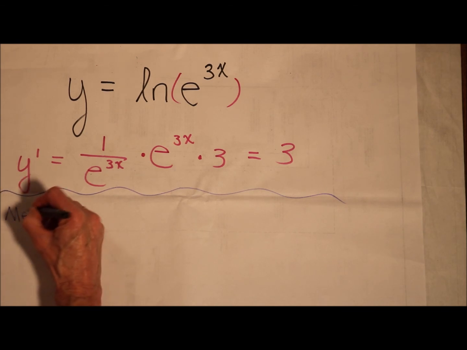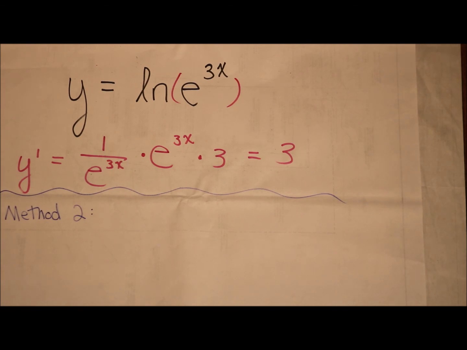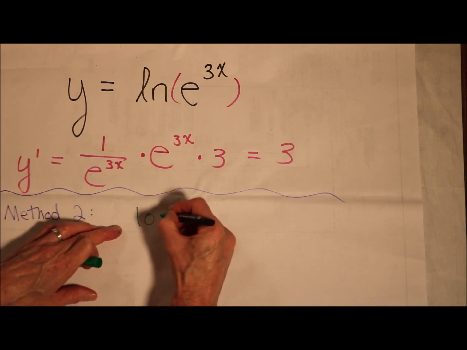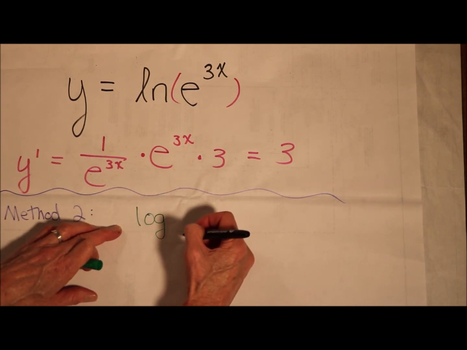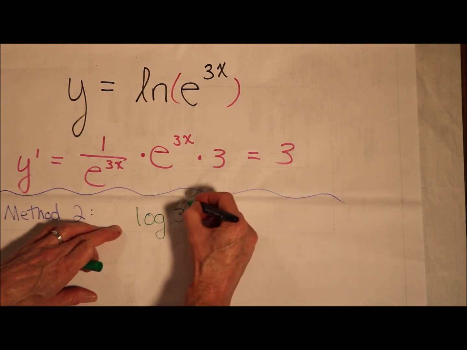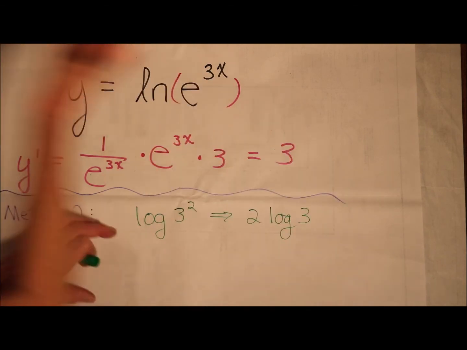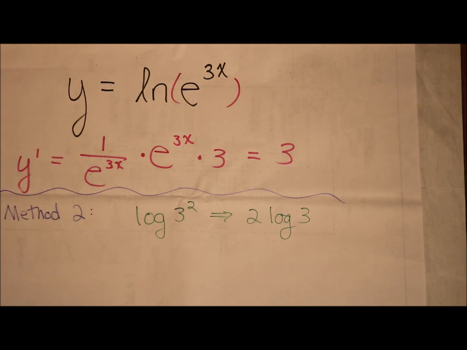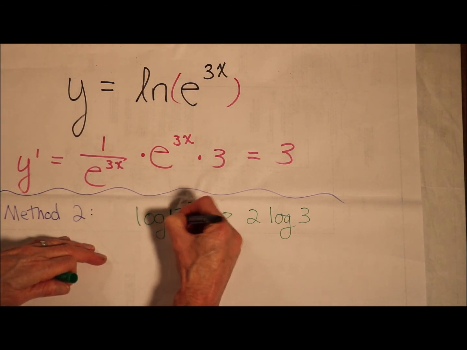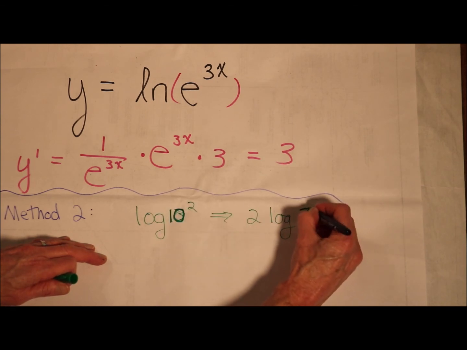Method 2, maybe some of you saw this, is to remember something about the rules of logs. And if you recall, since logs are just exponents, if you have the log, let's just say it's a common log, log base 10 of 3 squared, that's the same as 2 times the log of 3. And actually, since we're using common logs, let's pick a nicer number, and then we can see that it's intuitively correct.